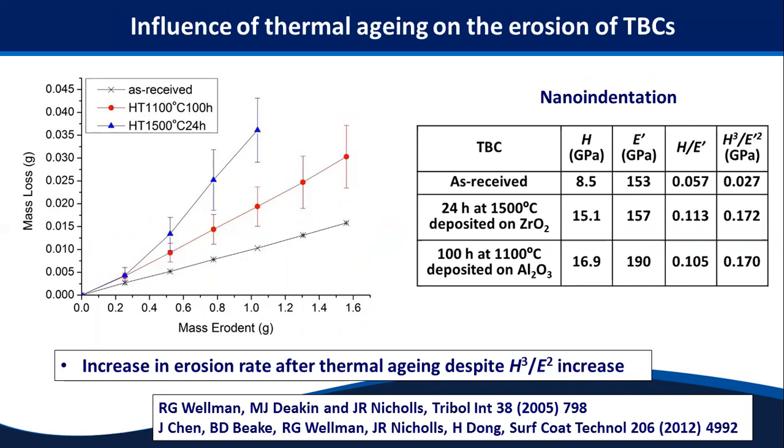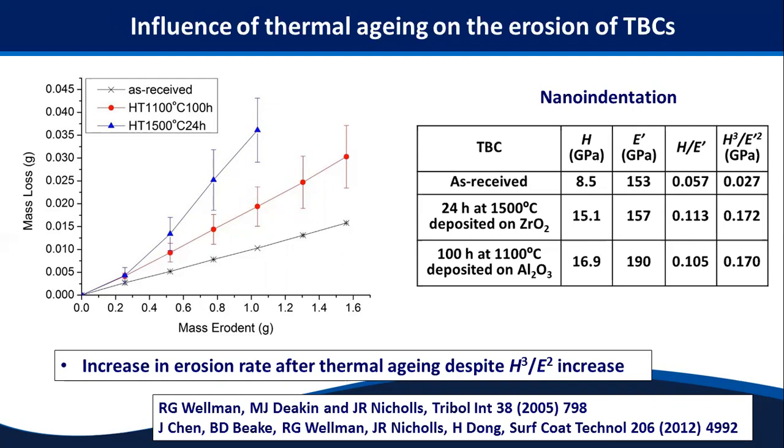On the left, you can see the results from an erosion test, and the as received yttria stabilized zirconia TBC has reasonable erosion resistance, but after thermal aging, the erosion resistance goes down. And you wouldn't necessarily predict that from the indentation test data.